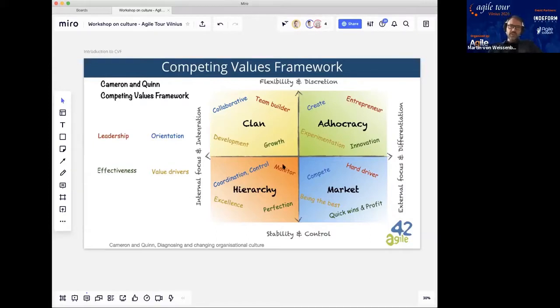Cool. So this gives us a bunch of different stems, as we call them: adhocracy, clan, hierarchy, and market. Let me very quickly describe what they are. An adhocracy is where you come together and make things happen in the moment. This is about innovation and creation, being creative and entrepreneurial.